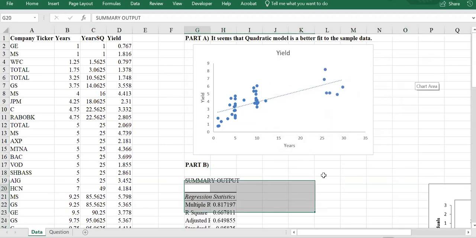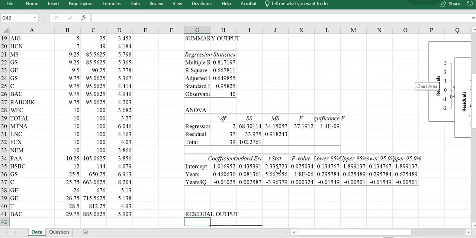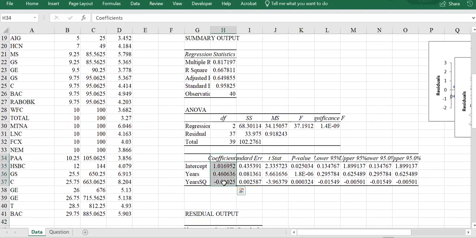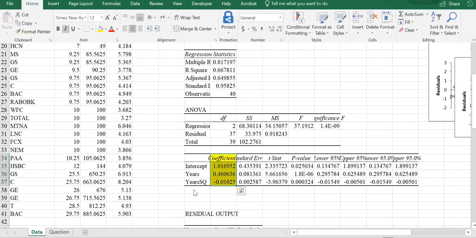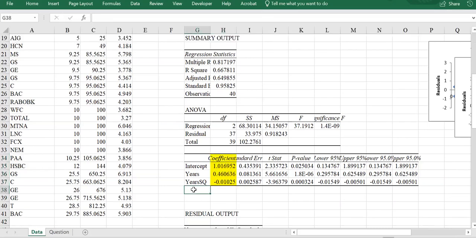Writing down the equation is always the first step. Yield equals 1.02 plus 0.46 times years plus or minus 0.01 times years squared.